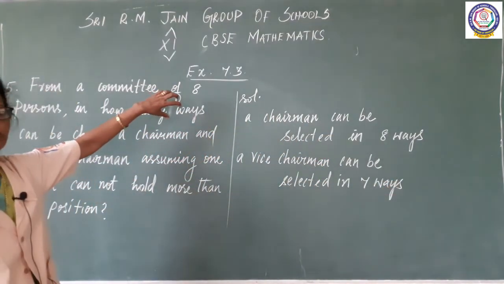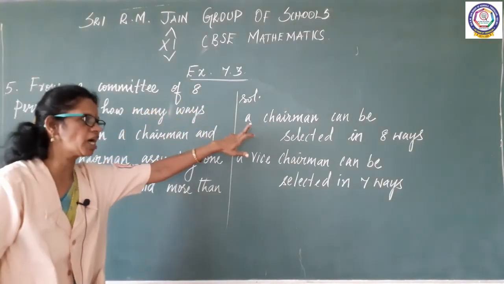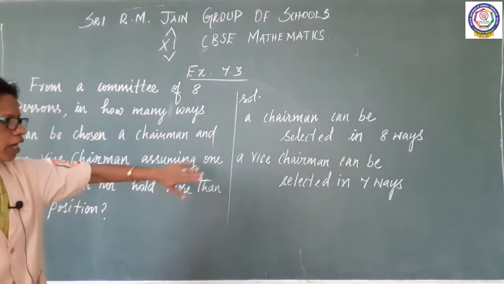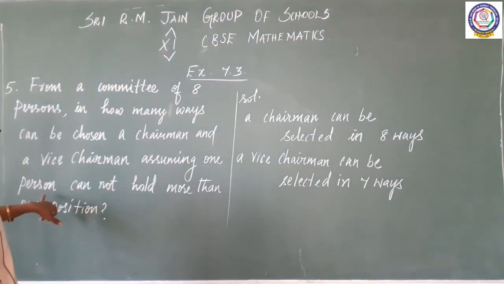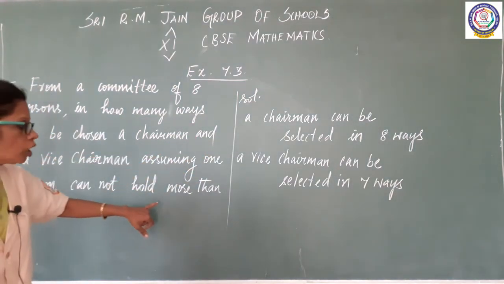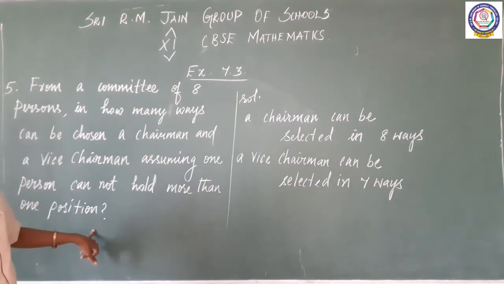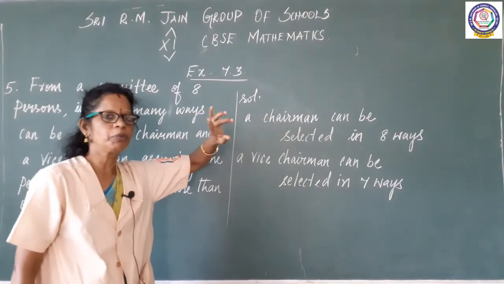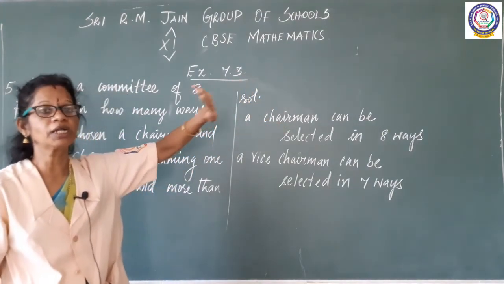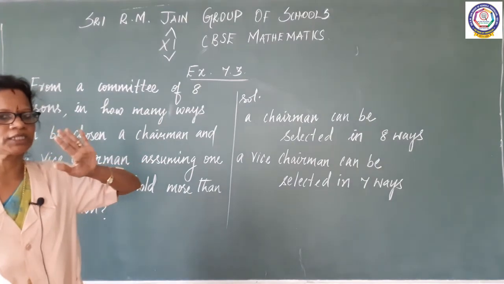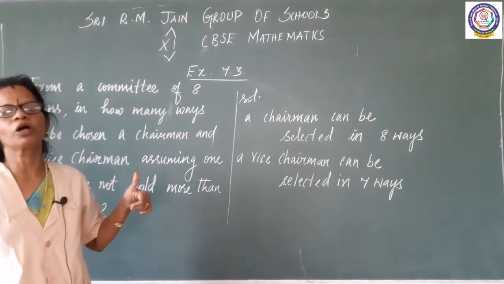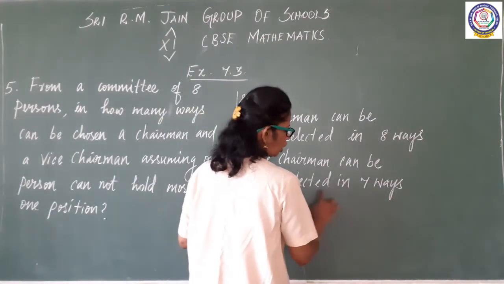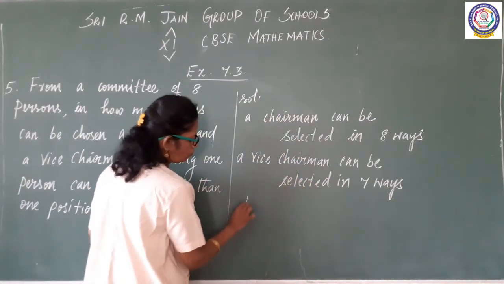Only 8 persons are there. In that 8, a chairperson is selected. Anyone will get a chance. So 8. One more condition is given: a person cannot hold more than one position. So a chairman can be selected in 8 ways. One person is selected as a chairperson. Remaining how many persons are there? Only 7. Out of 7 only we are going to select a vice chairperson. So that's why I wrote it can be filled in 7 ways.